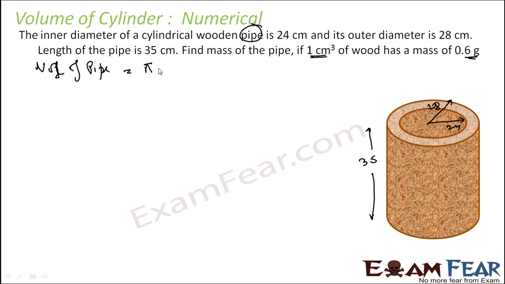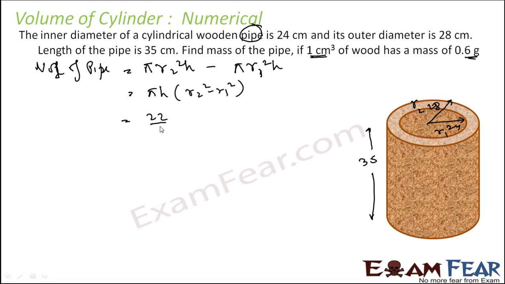The volume of the bigger cylinder, that is pi r2 square h, minus volume of the smaller cylinder, pi r1 square h. So if this is r1 and this is r2, first find the volume of the bigger cylinder, then subtract the volume of the smaller cylinder, you get the volume of the pipe. This is the pipe. So that is nothing but pi into h into r2 square minus r1 square.